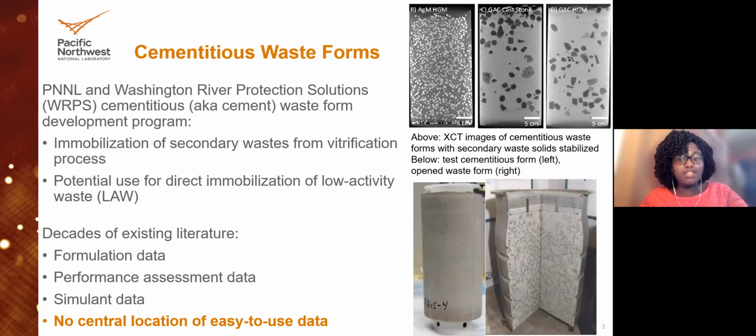At the Hanford site specifically, we'd be using these waste forms for immobilization of those secondary wastes from the vitrification process. But there's also a potential for cement waste forms to be used as a supplement for low activity waste immobilization. And the reason for this is because 90% of the waste at the Hanford site is low activity waste. So it would just help with the large volume of low activity waste.